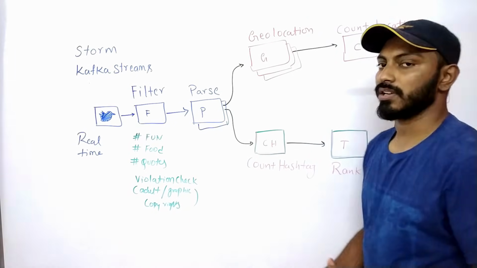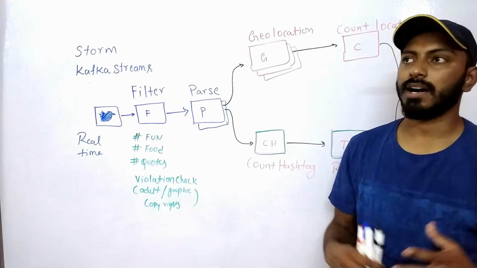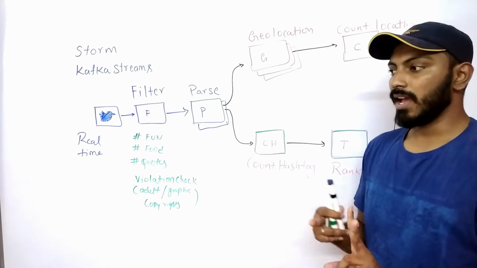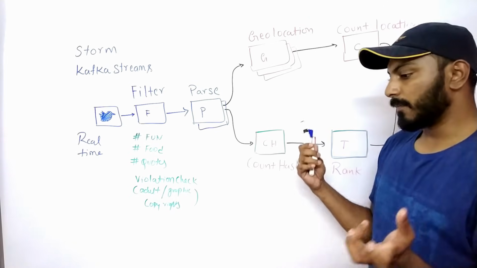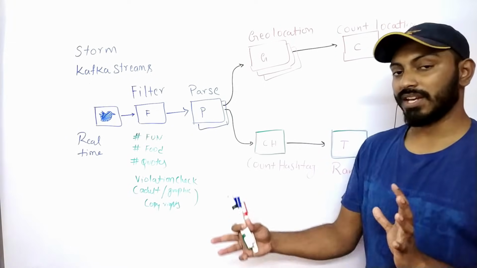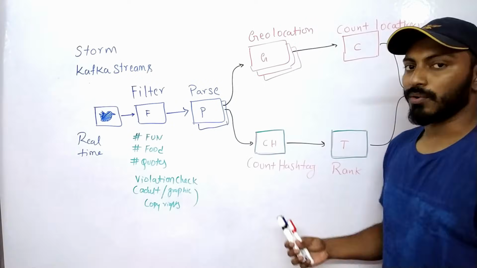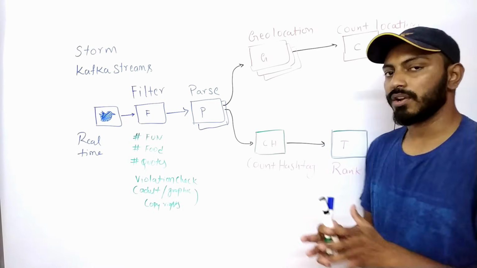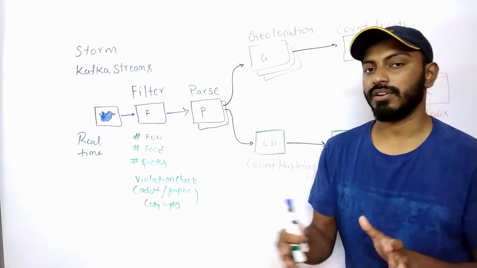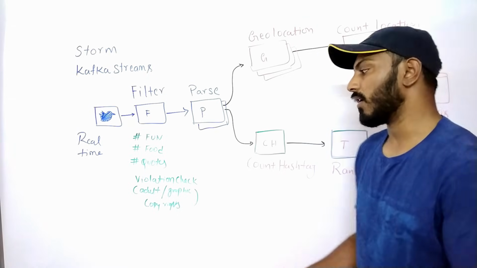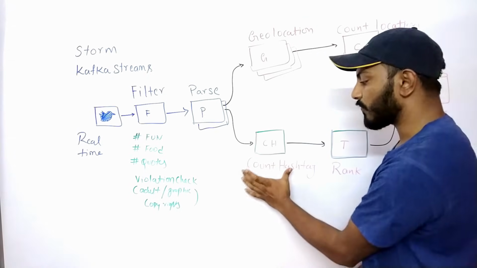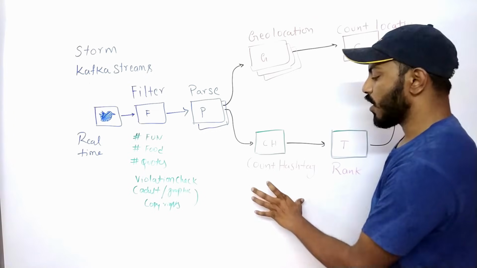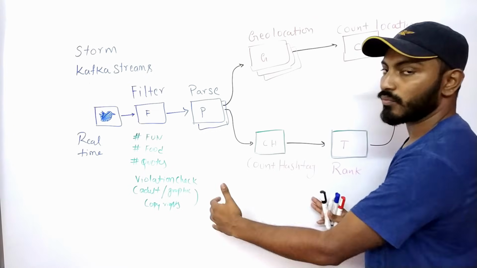Now, as I already mentioned, before computing the trending hashtag, we need to consider two things: the time taken to tweet those many tweets, and the number of tweets made so far. That means we need to do a kind of window operation on all the tweets we have received so far, like a 1-minute window, 10-minute window, or 1-hour window.